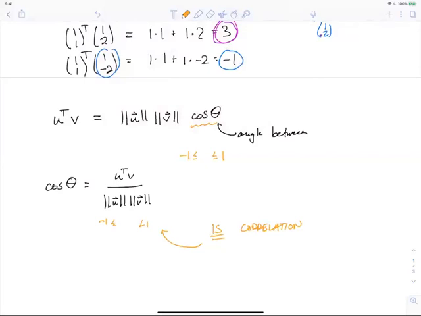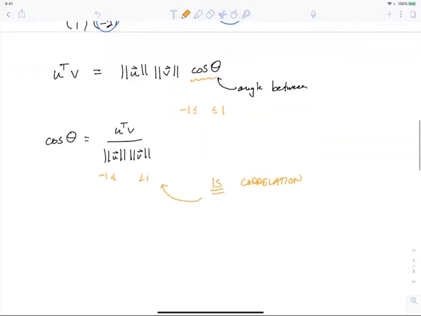And you can even find the angle between them by taking the cosine inverse, or the arc cosine, of that whole thing. Keep in mind, the arc cosine is the same thing as the cosine inverse.